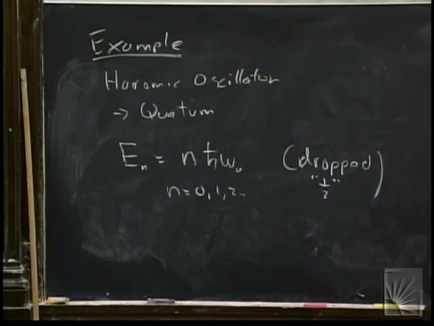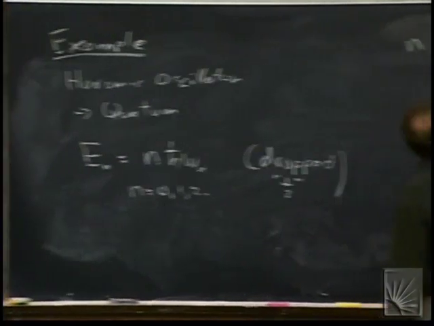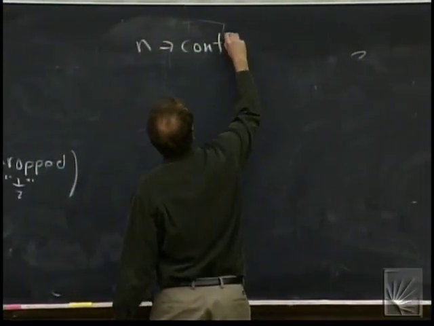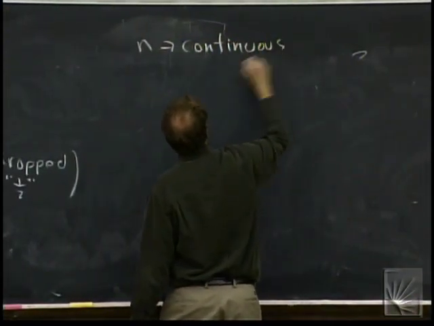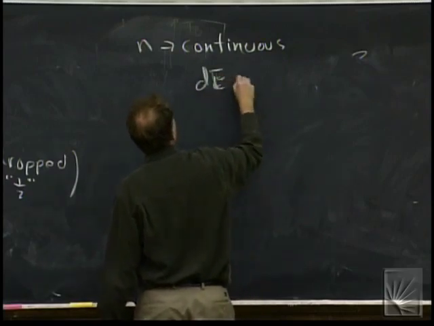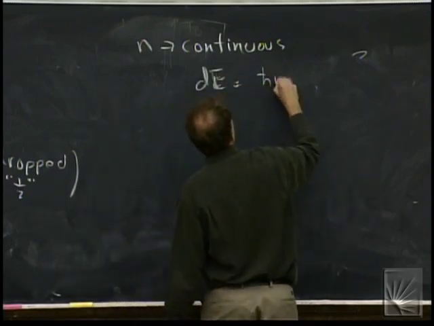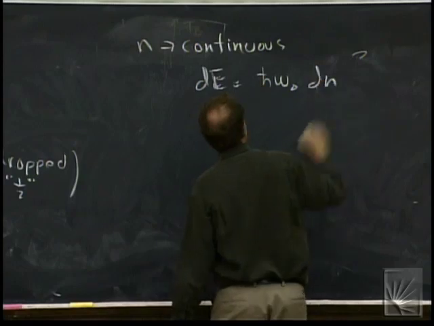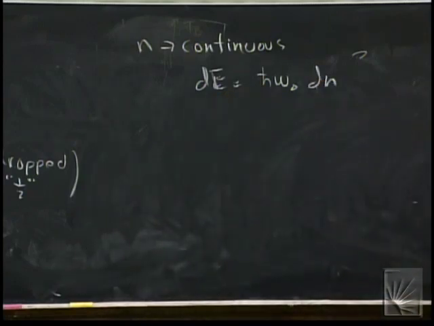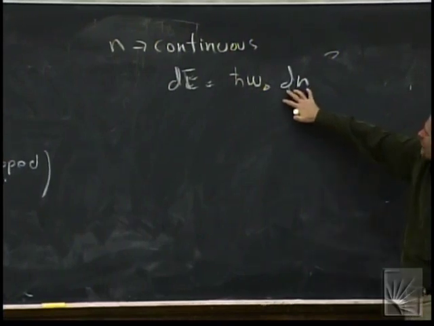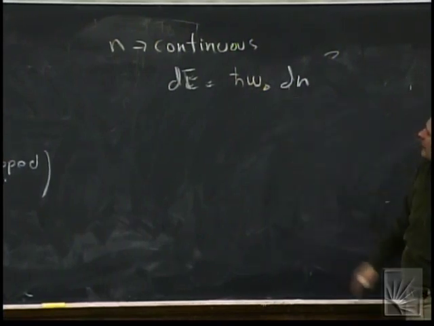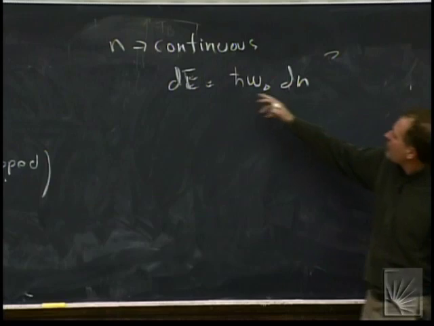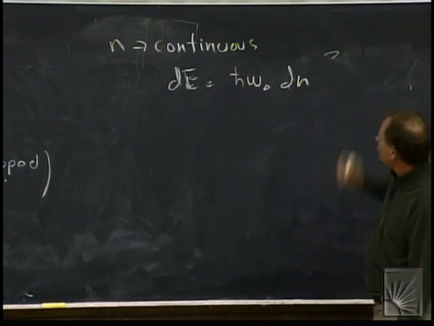Then we would just say, let's take n to be continuous. Then dE equals h bar omega naught dn. It's just a really simple idea.